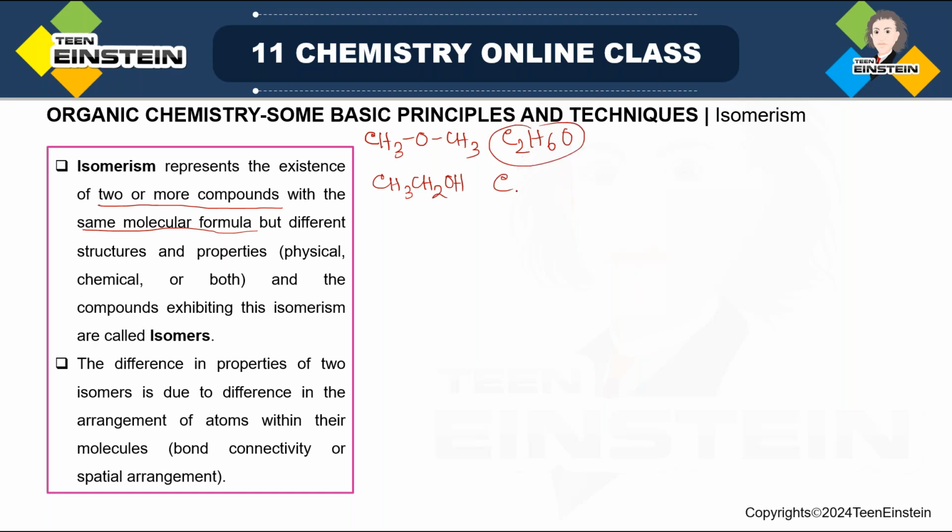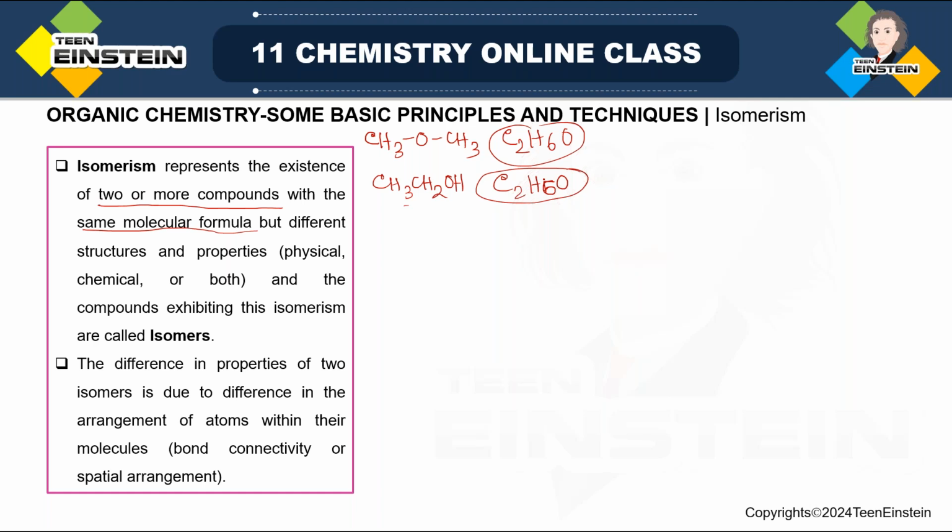And in the second case also it is C2H6O, 2 carbon, 6 hydrogen, and 1 oxygen. So see, in both cases the molecular formula is the same, but the structure is completely different. In the second case we have an OH group, in the first case we have an ether. So obviously physical and chemical properties will be different. So these 2 compounds are isomers of each other.